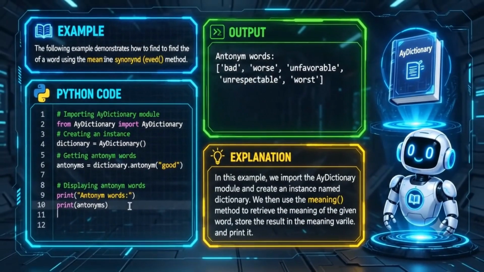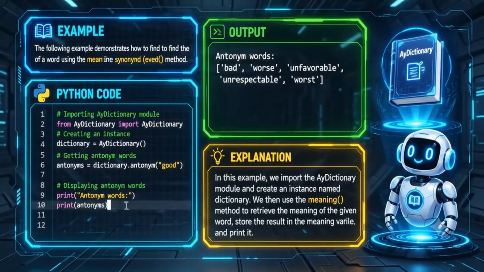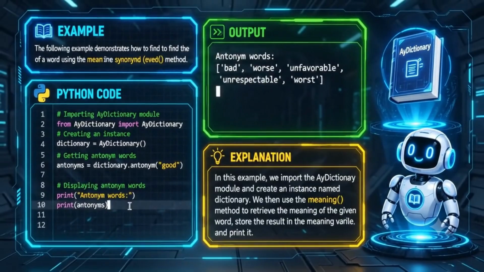Explanation. In the above example, we imported the AyDictionary module and created an instance of the AyDictionary class. We then used the antonym method to find the antonyms of the word "good". The output displays the antonyms of the given word.